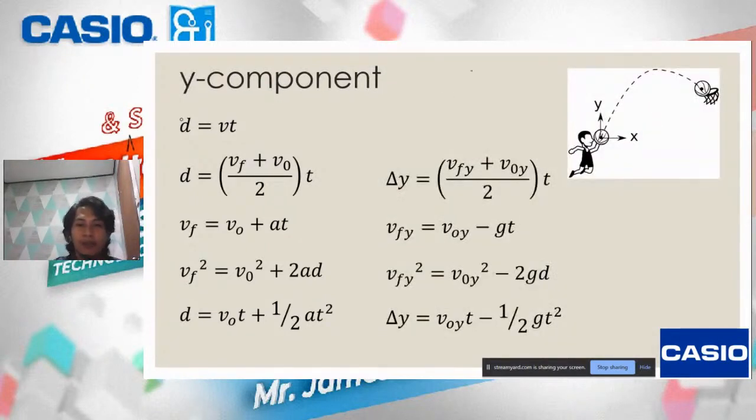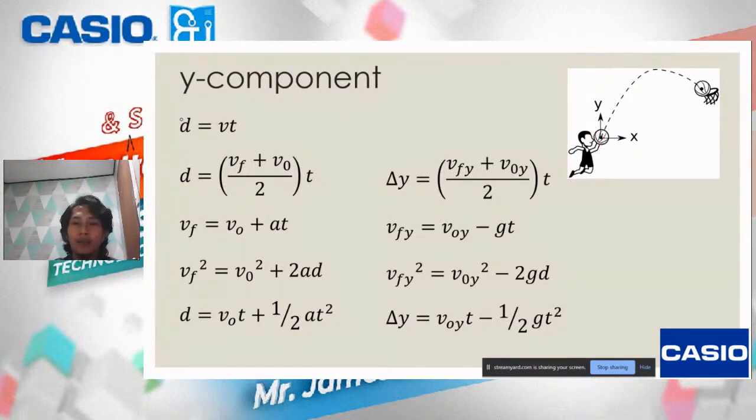Okay? So, since sa y component, kung ine-neglect natin yung x natin, imagine natin, you will notice na at a certain height, mag-i-stop siya. Certain height. So, and then, babalik siya pababa. So, meaning to say, may nag-i-influence or may nakaka-apekto sa travel ng ating bola pataas.